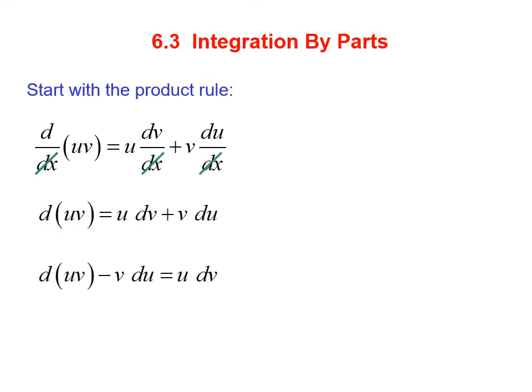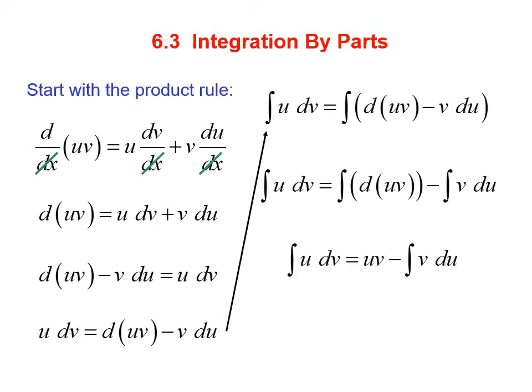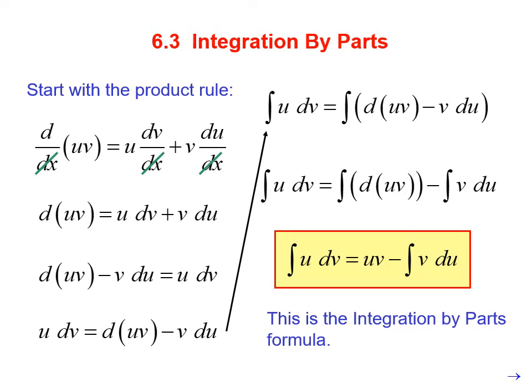This is our rule now: the integral of u dv equals uv minus the integral of v du.